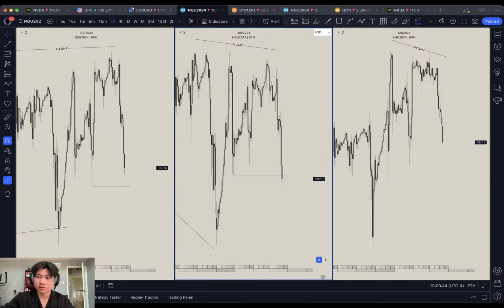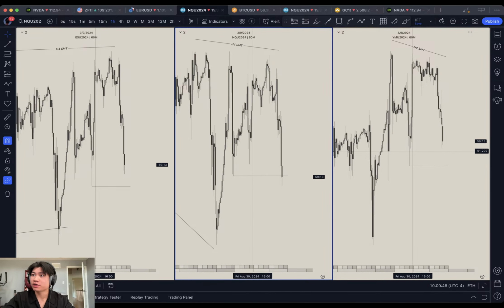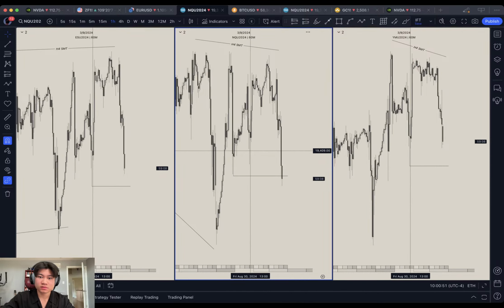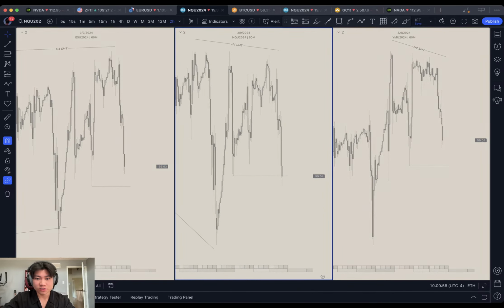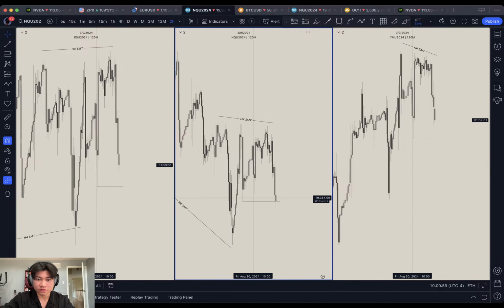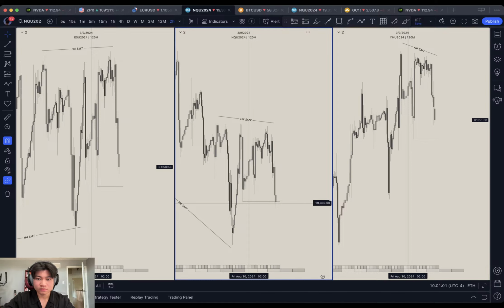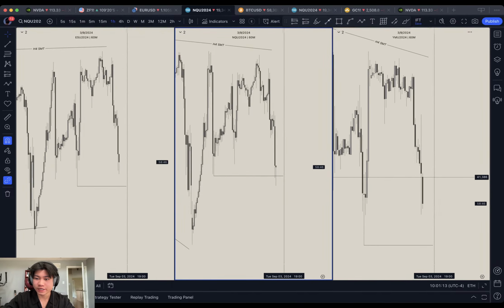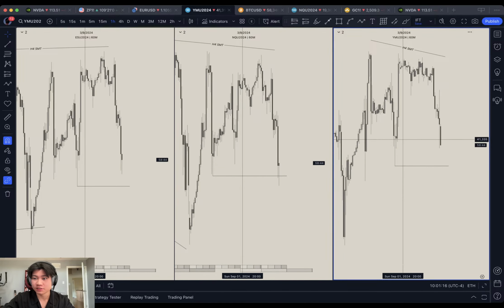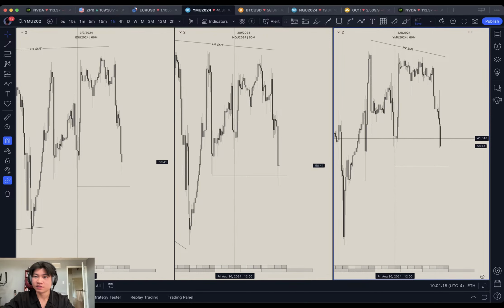One hour on YM for bullish PD array. I don't see any reason to be looking for a bullish PD array, but I can try to look for some for you. Honestly, I'm not even going to go look for that because I genuinely do not believe this is going to be bullish.